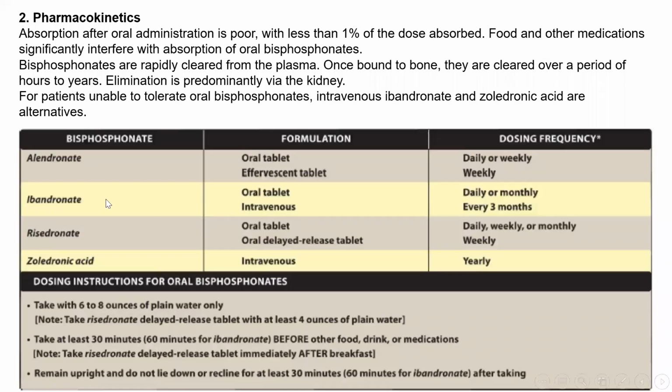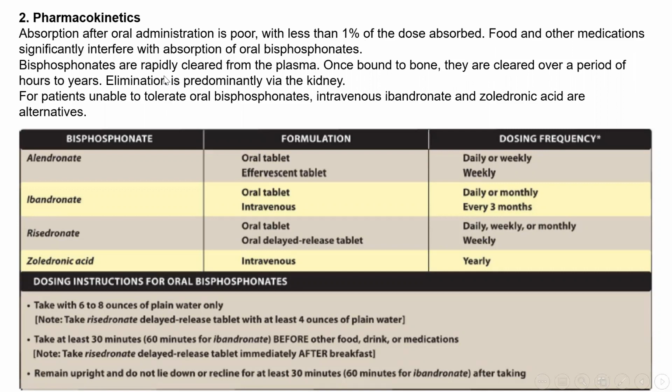With the pharmacokinetics, these are very poorly absorbed drugs from the gastrointestinal tract, with less than 1% of these drugs absorbed. Also, these drugs are hugely affected by food and other medications. So it is better to put a time window and separate these drugs from administration of other drugs that could affect their absorption.